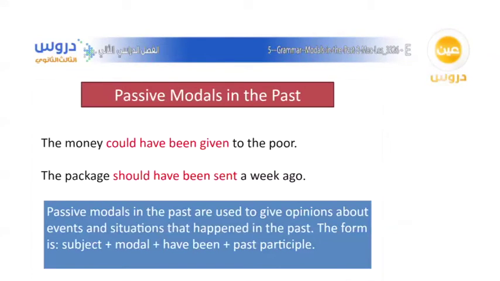Look at the second example. The package should have been sent a week ago. Okay, I can use this passive with any modal I like, as long as I begin my sentence with an object, not with a subject, because the package here is the object, right?